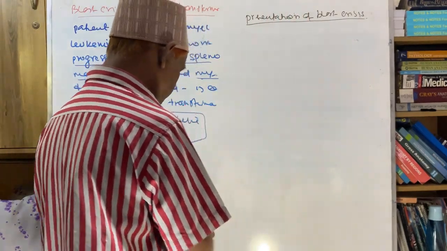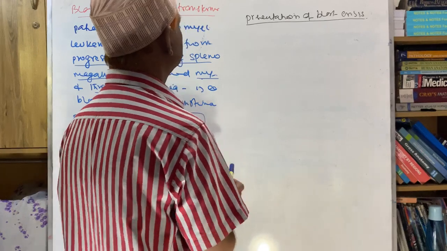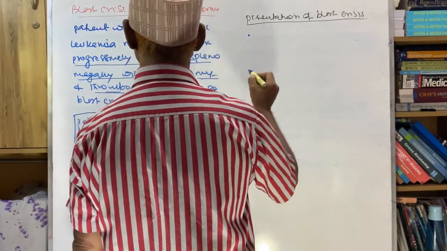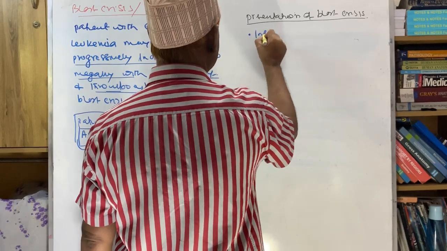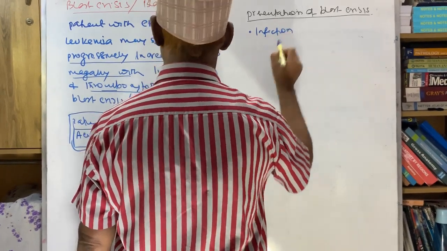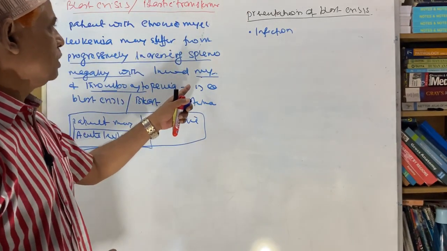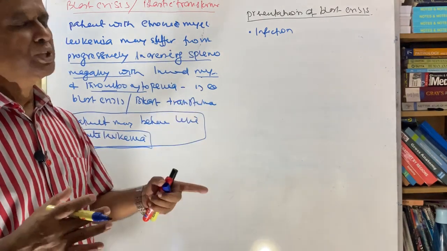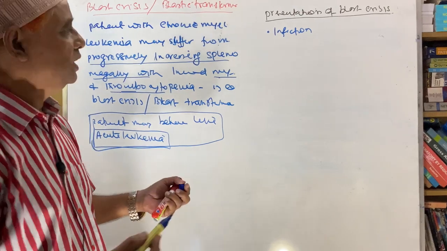The presentations are like infection. As most of the cells are myeloblast, there is more chance of infection. So due to infection, the patient may come to you with frequent fever.